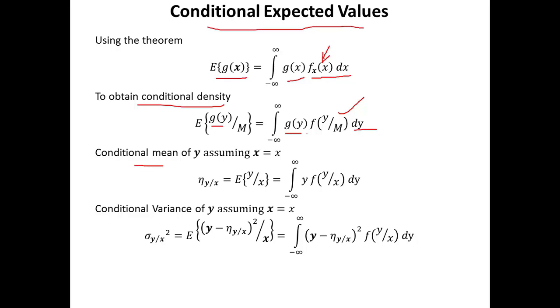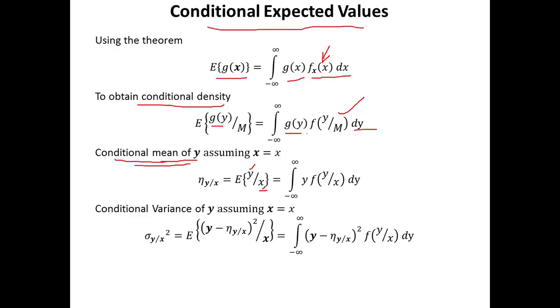So the conditional mean of y will equal the expectation of y provided x has already happened. If you only calculate the mean of y, that will be equal to the expectation of y. But the conditional mean of y is the expectation of y provided that an event has already happened on which y is depending.